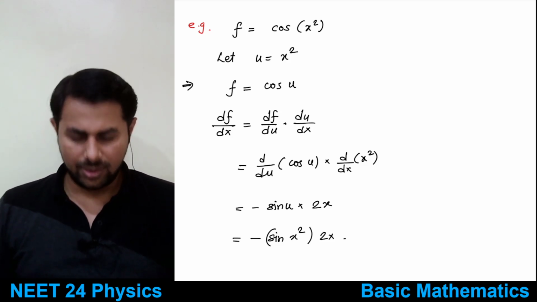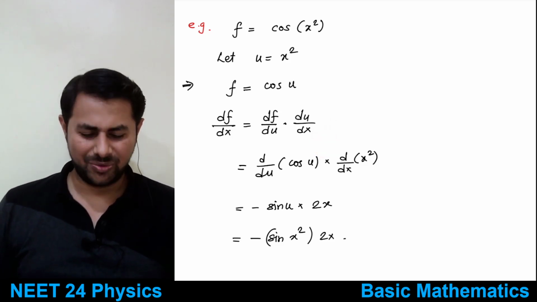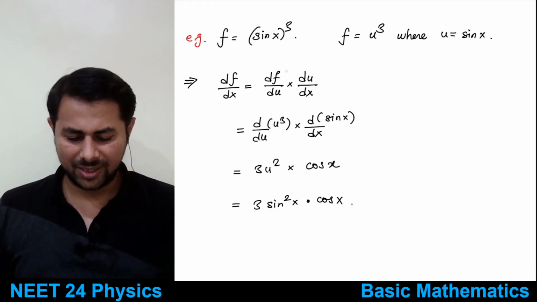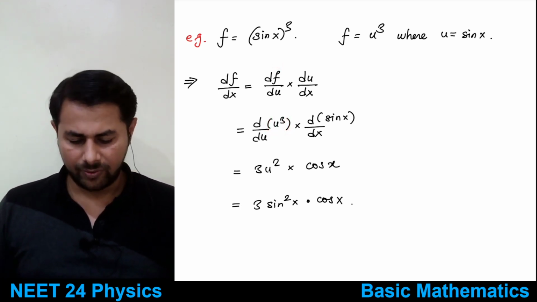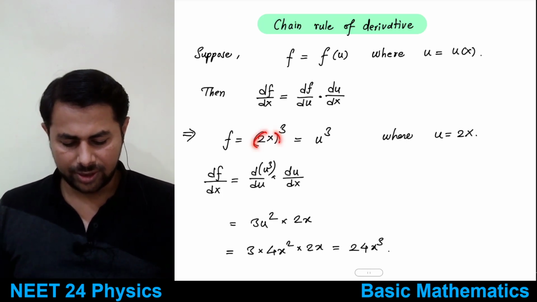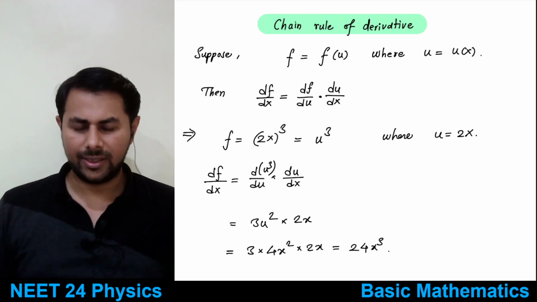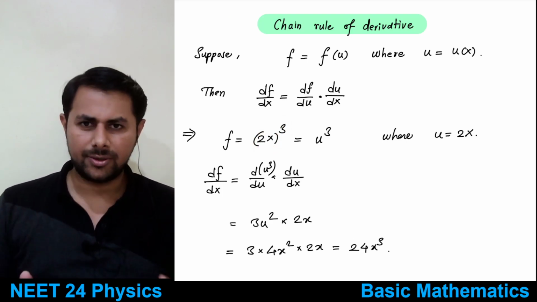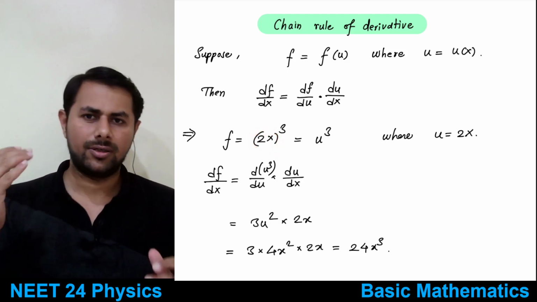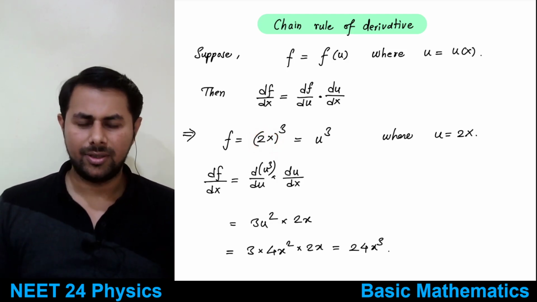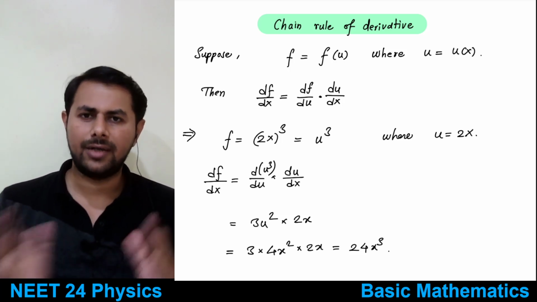Now, we will not have time to do all this in the exam. So what should we do? Instead of writing the derivative of u cube and so on, suppose you have this bracket cube. You want to take its derivative. We'll see what's there in the bracket. It's 2x, no problem. So you have something raised to 3. Apply the formula: derivative of x to the power n is n x raised to n minus 1.